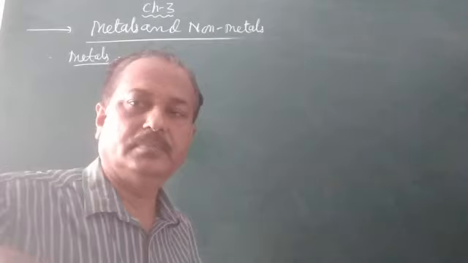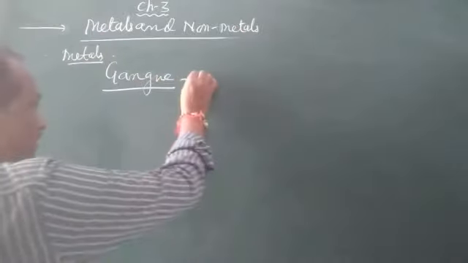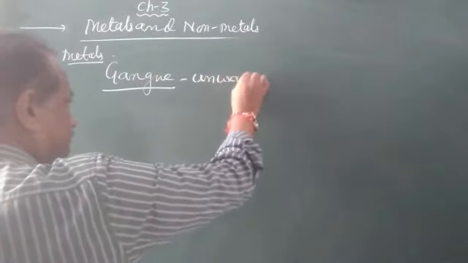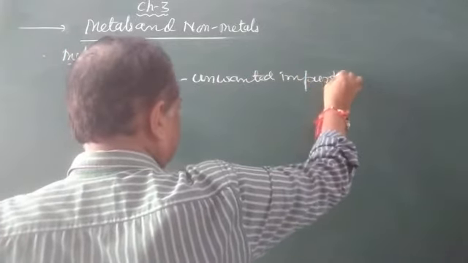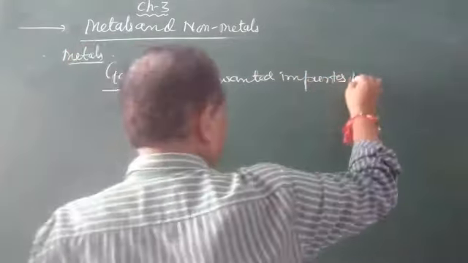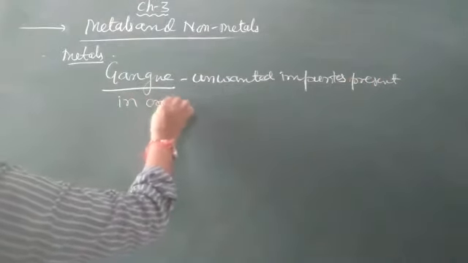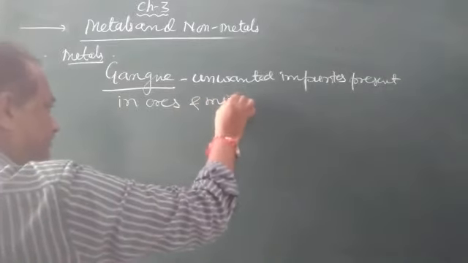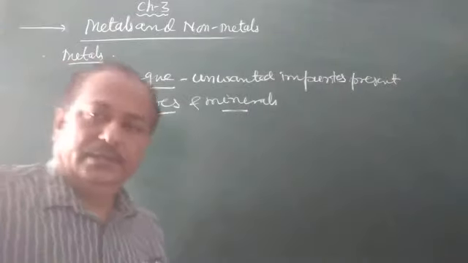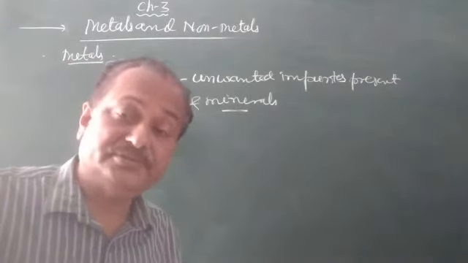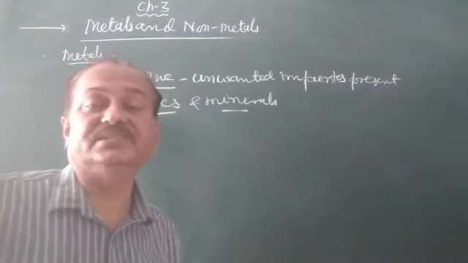So coming to gangue: the unwanted impurities present in ores and minerals. In case of ores, the gangue is less. In case of minerals, the gangue is more.